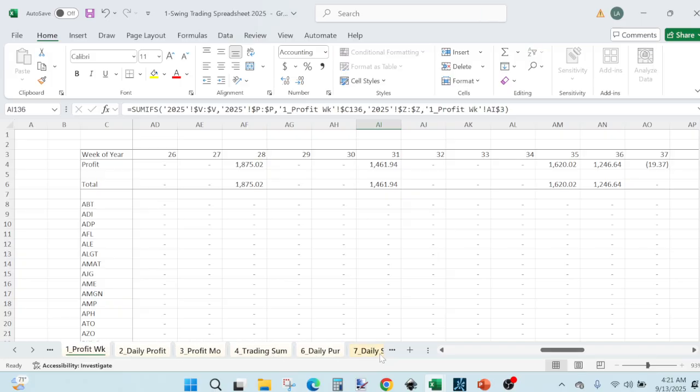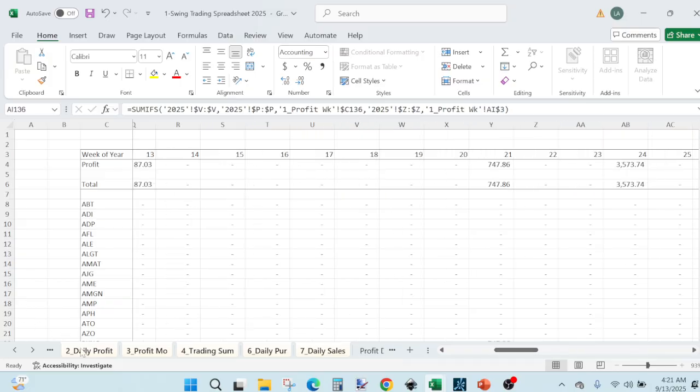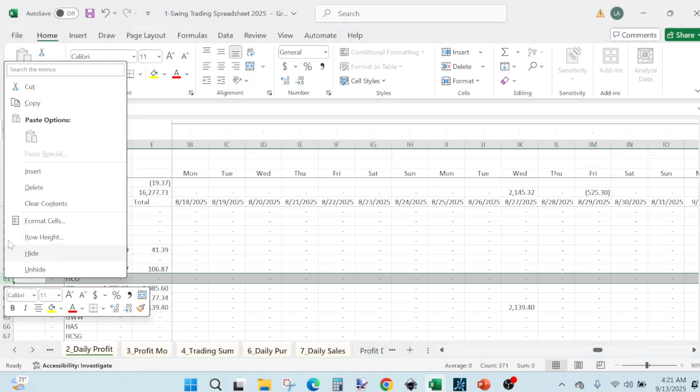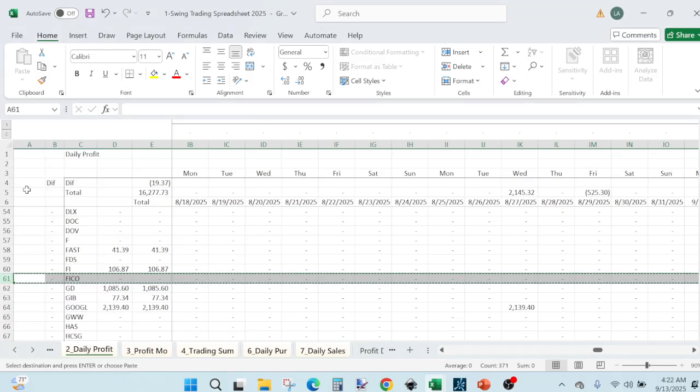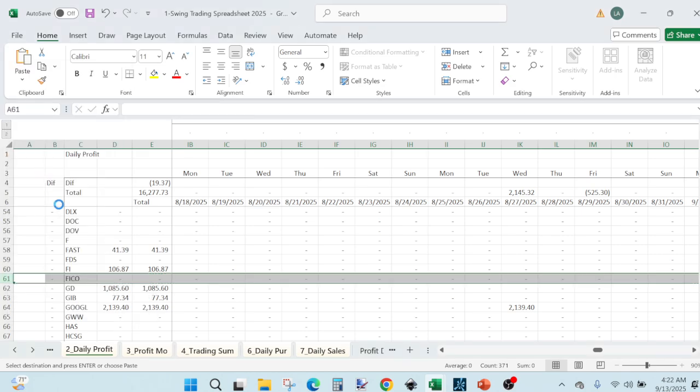tabs. So I'm going to select those three. I can just go back to this one, and I'll go under F to see if it's here. It's not. So I'm going to copy FICO, and just insert copy cell there.